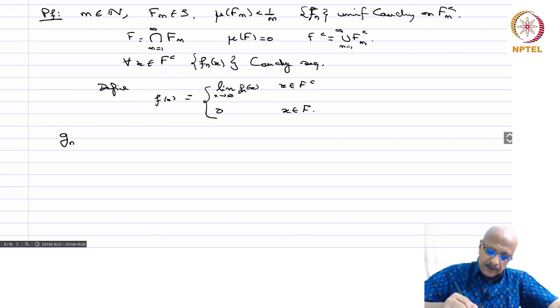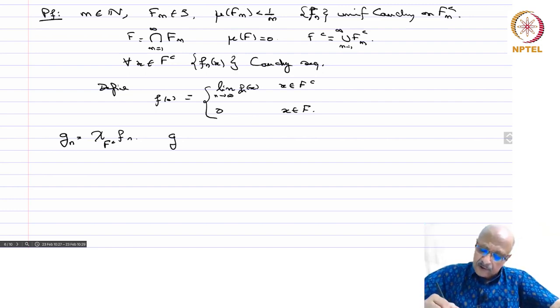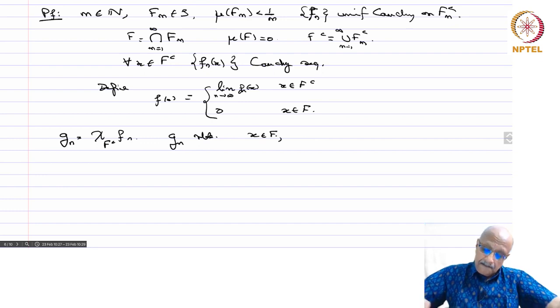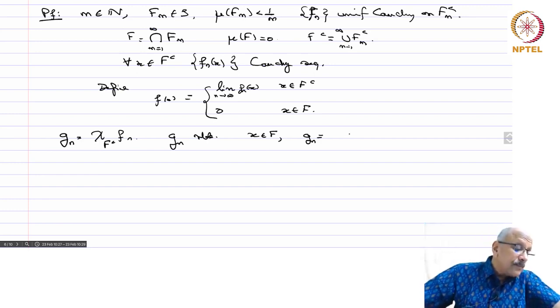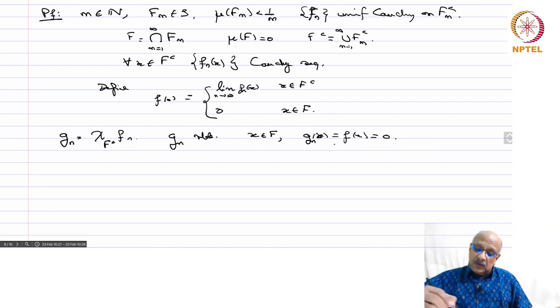Now you define G_n to be equal to chi of F complement times f_n. So it's a product of measurable functions, so G_n is measurable. And if x belongs to F, f(x) is 0, and G_n(x) is also 0 because chi of F complement is 0.